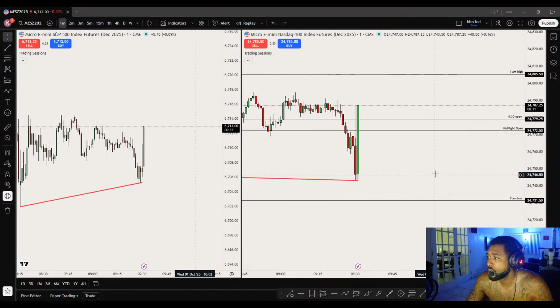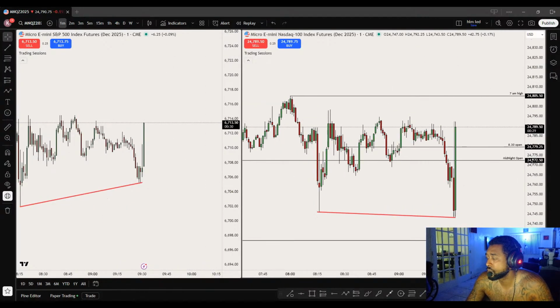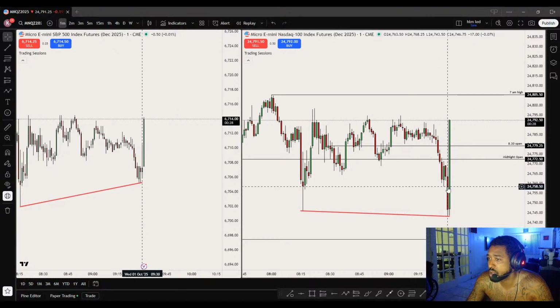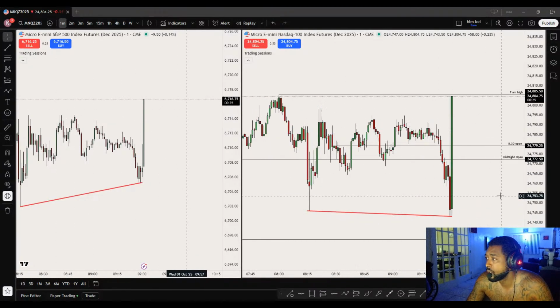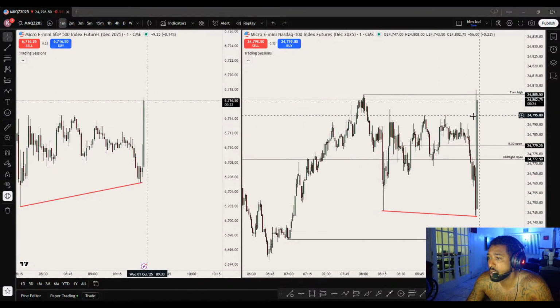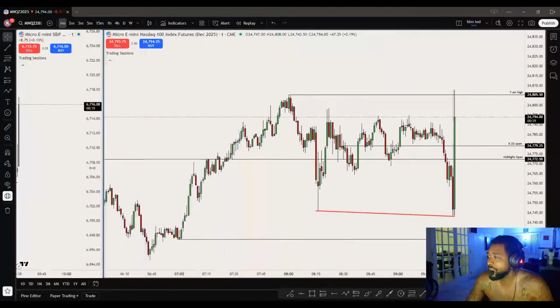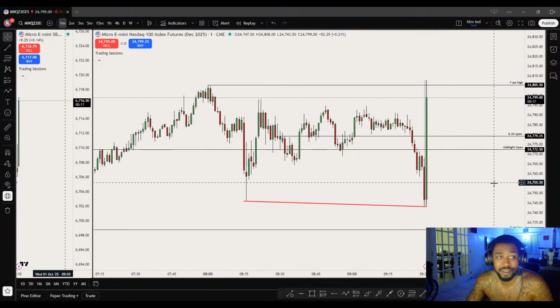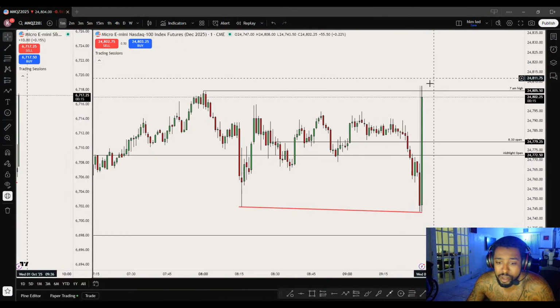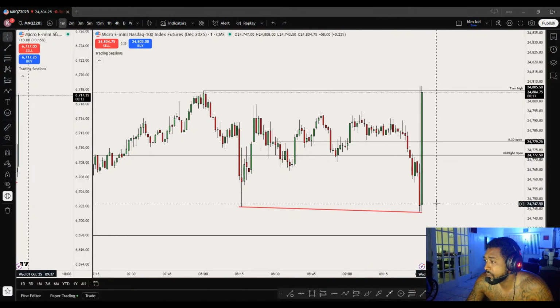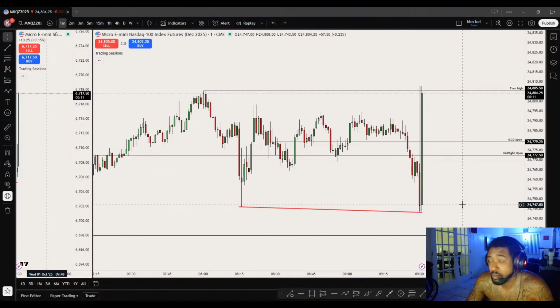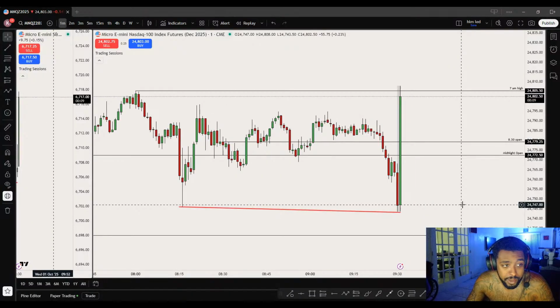So that's an actual SMT. You see how price is reacting literally right off of it. Damn, look at that. That was nasty. That was too nasty already. I didn't even get a chance to.